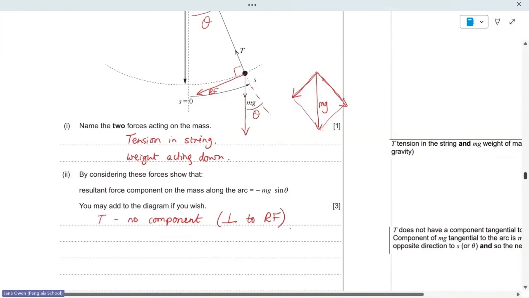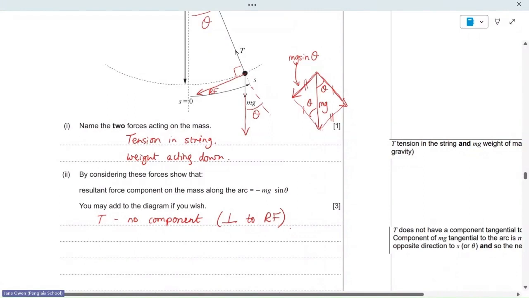Yeah, this is theta here. So this will be theta here because this is parallel with this one and this is parallel with this one. And what I want to find is this part here, the tangential component of mg. So if I go away from this angle, sine theta. So I automatically say that this is mg sine theta. If I had to go through the angle, it would be mg cos theta.